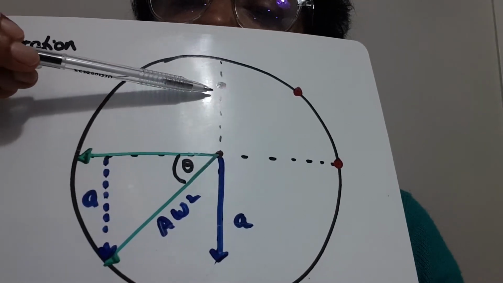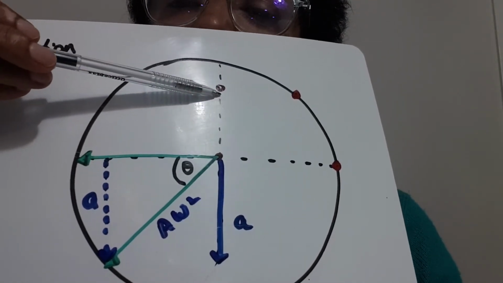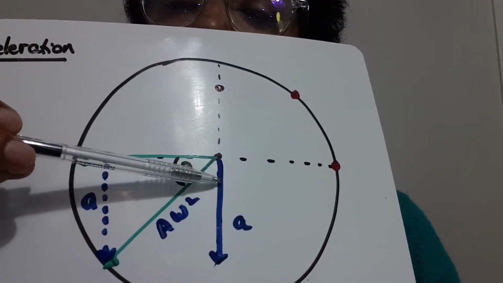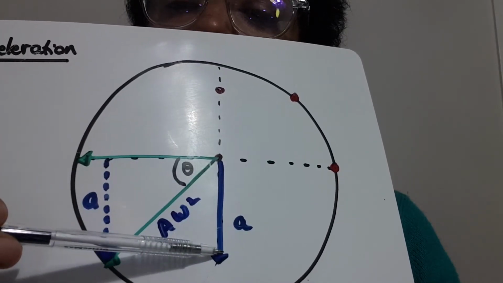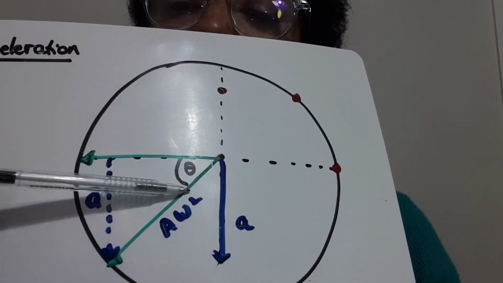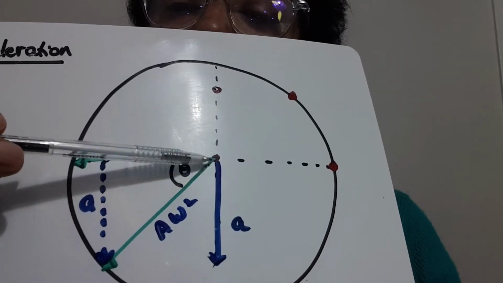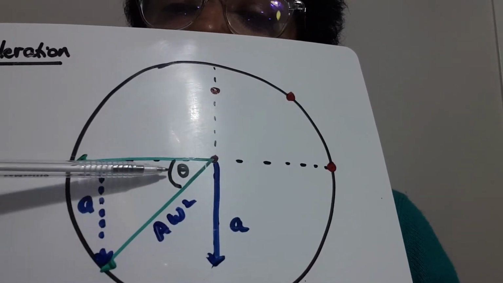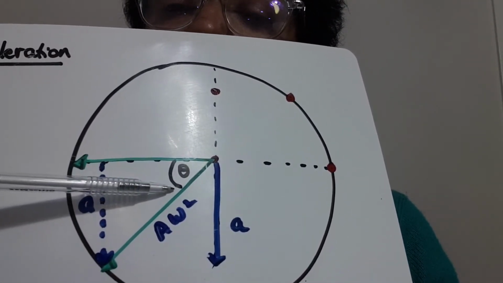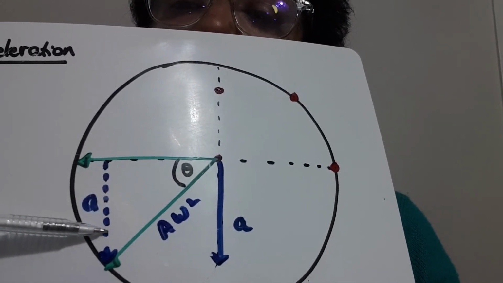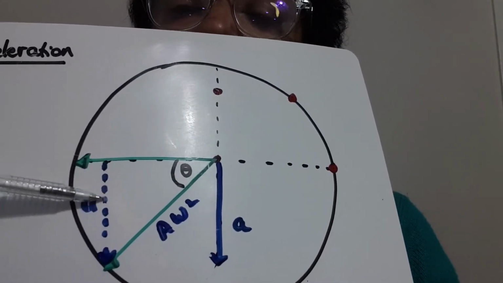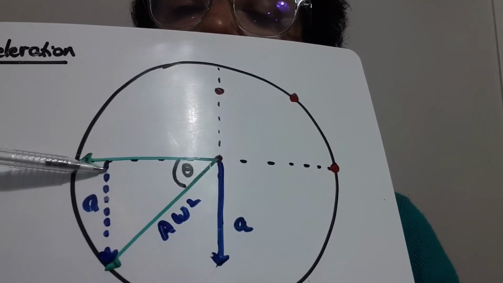And when your SHM particle is there, the acceleration arrow is pointing down, so this is the vertical component of your acceleration phasor. Just looking at that triangle, because this is the angle through which it has moved, this vertical component is the acceleration at that instant for the SHM particle.